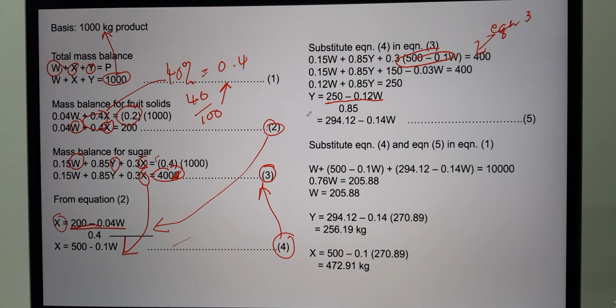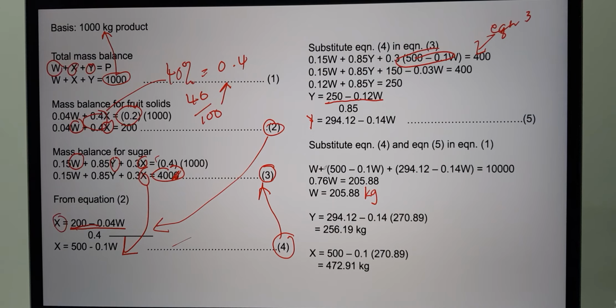Okay, so now we have Y, we have X. So we substitute equation number 4 and equation number 5 into equation number 1. We have X, we have Y, so the leftover unknown is only W. So you should be able to get the value for W when you substitute those equations.